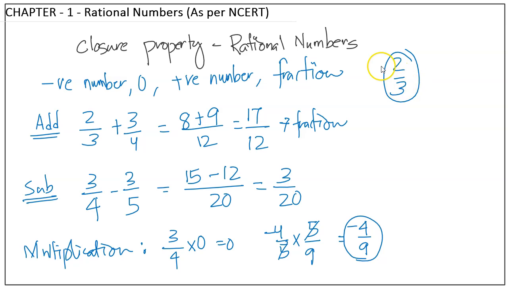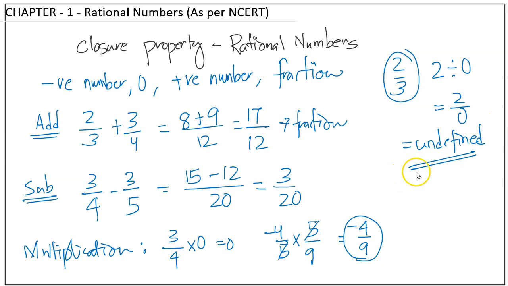Why? Because do you remember we have done something like this, 2 divided by 0? Remember that? So 2 divided by 0 is 2 by 0, and 2 by 0 is actually undefined. It is undefined. That means we cannot find out how much it will be. If we cannot find it out, this is not a number, right?